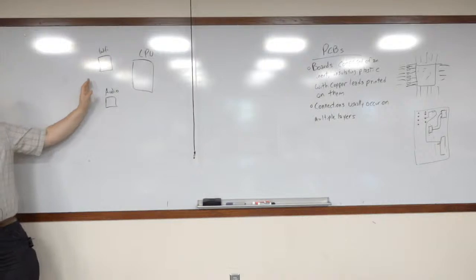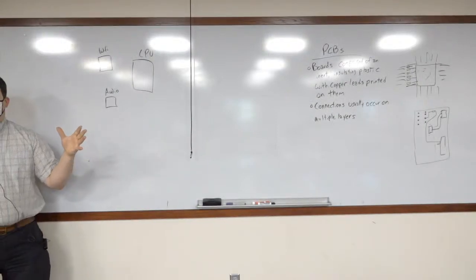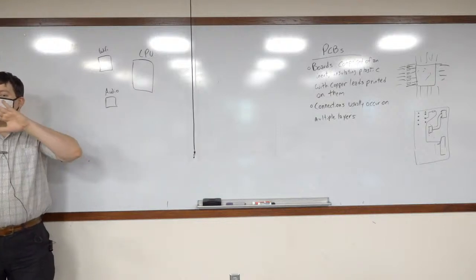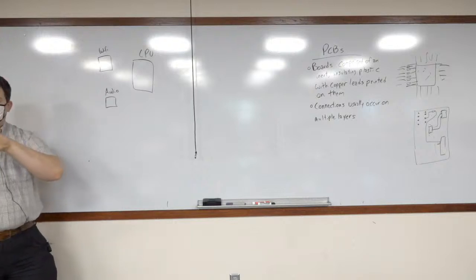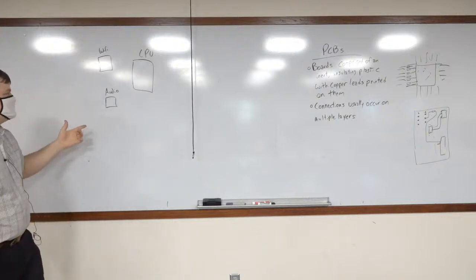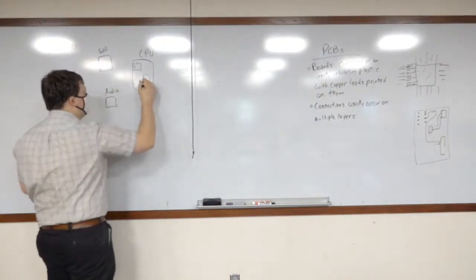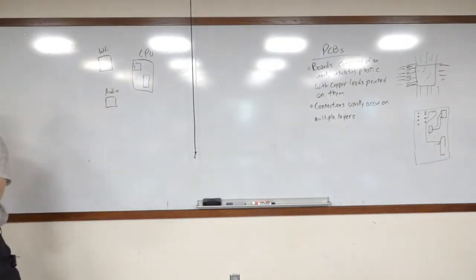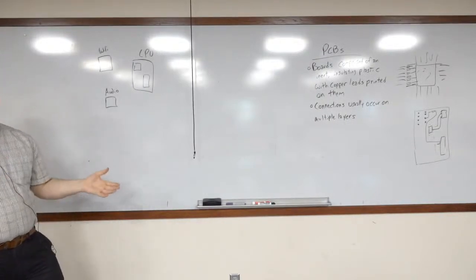If I put these all on one chip, it's gonna make it larger. If I put them on different chips, I can stack them on top of each other. As long as the connections don't touch, it's a lot more compact. Just a little thicker, but it doesn't have to be wider.